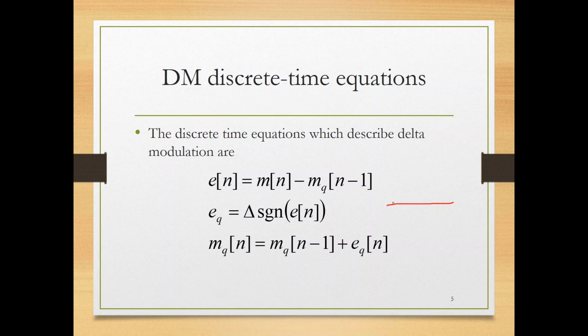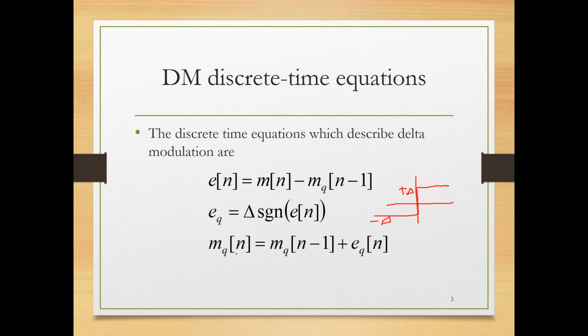Suppose you have this x-axis and y-axis. Sign is a signal that has this form. This is minus delta, for example, and this is plus delta. Basically, the sign function is 1, but you multiply it by delta because your step size is delta.